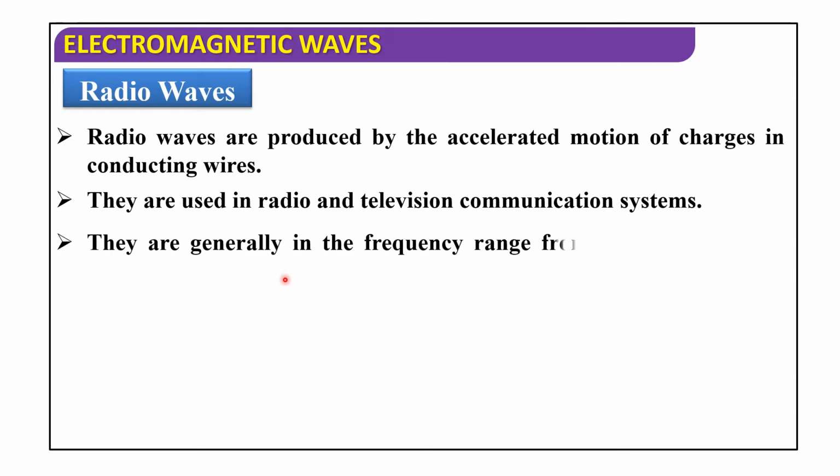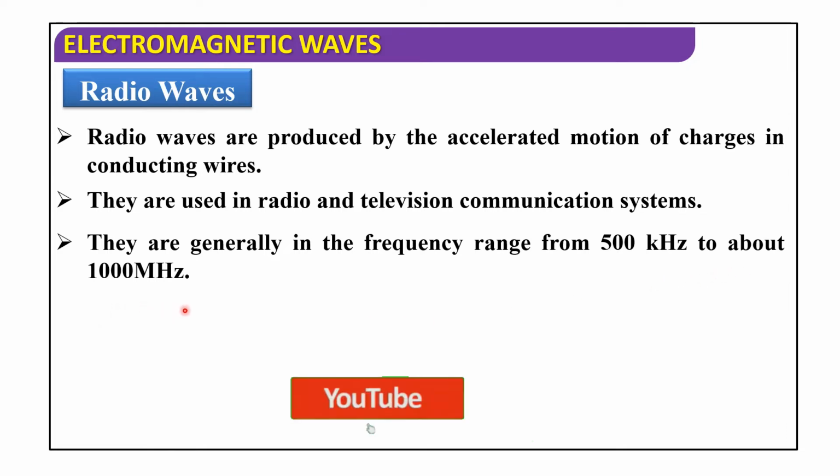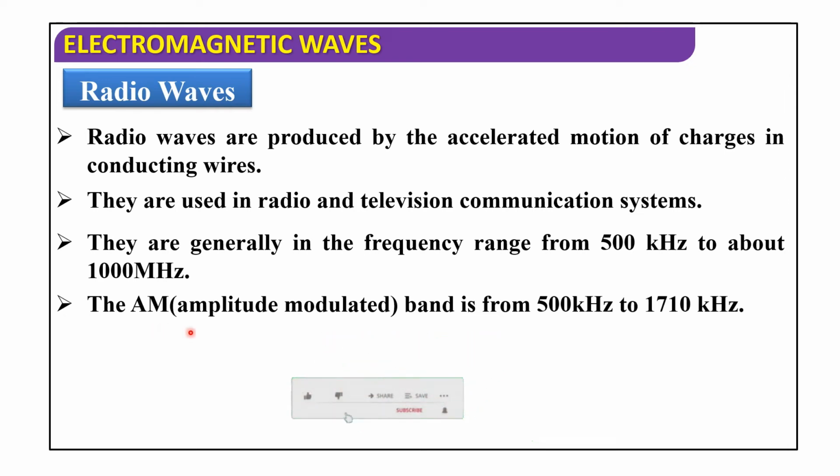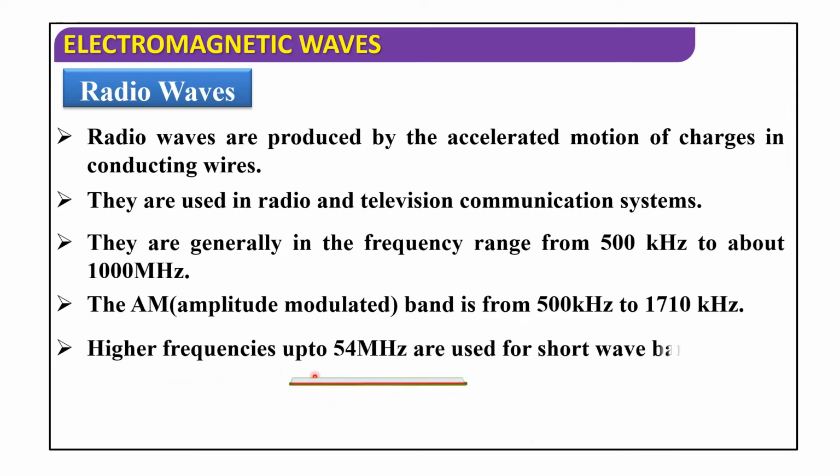They are generally in the frequency range from 500 kHz to about 1000 MHz. The AM, that is amplitude modulated band, is from 500 kHz to 1710 kHz. Higher frequencies up to 54 MHz are used for short wave bands.